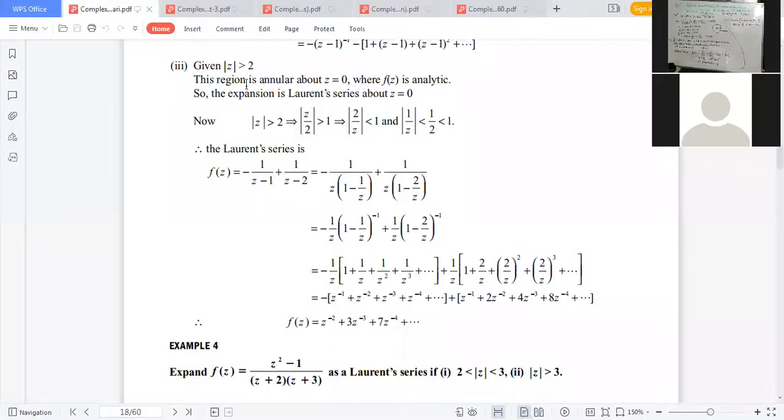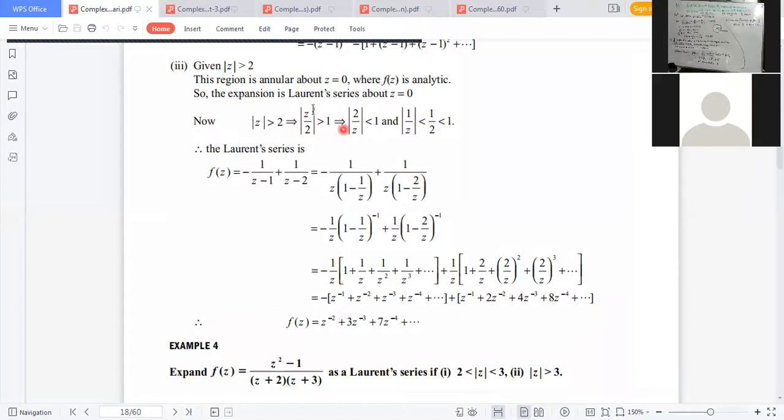So this is the third part, for the absolute value of z greater than 2. That means the circle with radius greater than 2. So this region is annular about z equals to 0, where f of z is analytic. So the Lorentz series about z equals to 0 will be for modulus of z greater than 2. Dividing by 2 on both sides, modulus of z by 2 greater than 1.